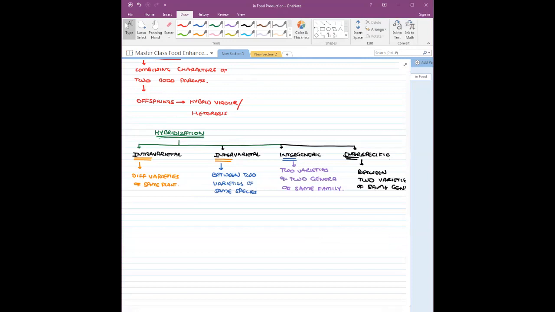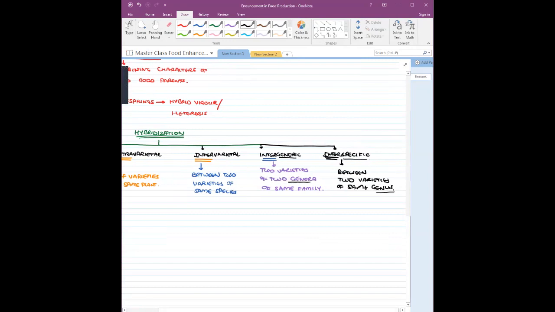And in order to overcome inbreeding depression, you will either have to go for intervarietal, intergeneric, or interspecific. Always keep in mind, intergeneric has to be between two genera. Interspecific has to be between the same species of the same genus.